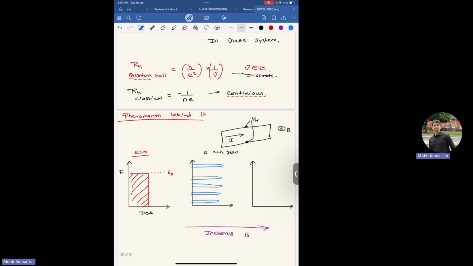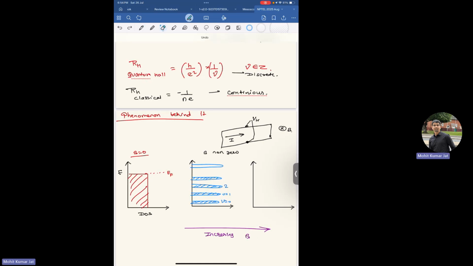These Landau levels below the Fermi level will be filled. This will be nu equal to 1, 2, 3, 4; nu equal to 0 doesn't make sense because 0 is not a good quantum number here. Your Fermi level will be here, and below the Fermi level the energies are filled. This spacing is h bar omega c.